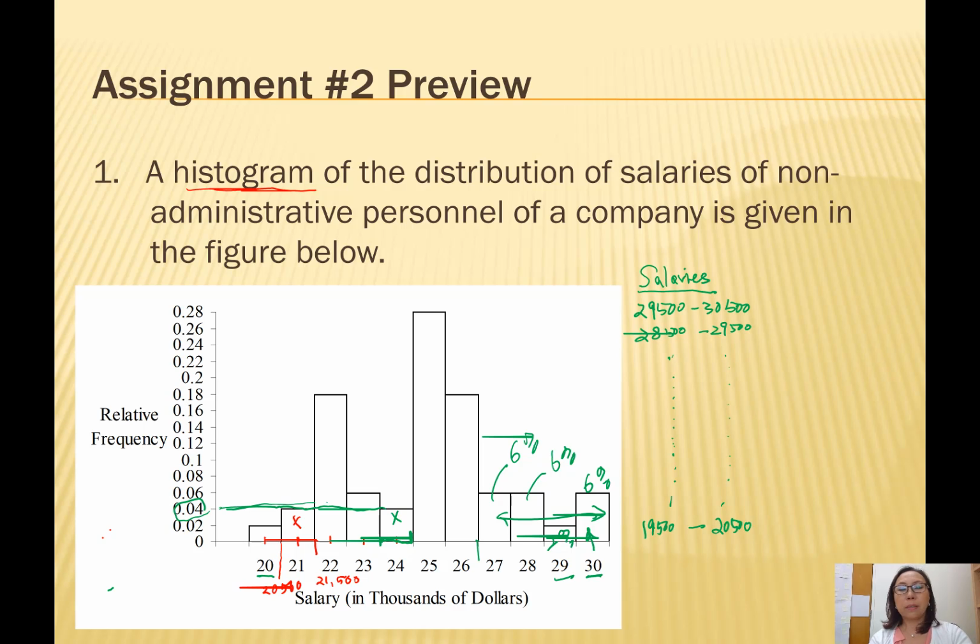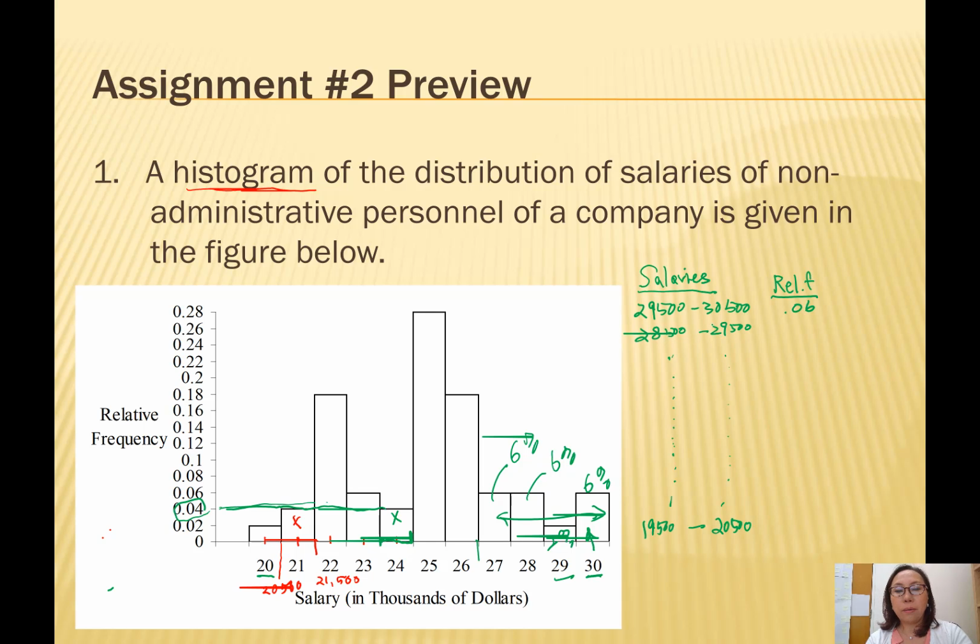And then what's given in this histogram is relative frequency. So let's put that down. I'm listing the relative frequencies because that's what's given in the graph. For the number 30, we're reading the graph backwards, because we start out with the highest. The relative frequency is going to be 0.06, right off the graph.